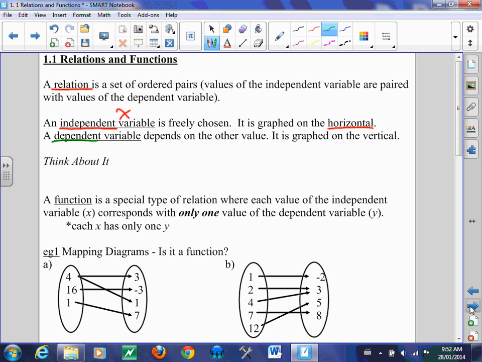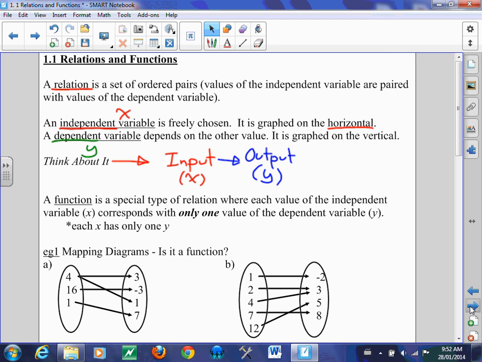Dependent is the y, okay? And so you may remember some of your teachers talking about input versus output. So input is your x value, and you plug that into the equation to get what we call your output value. And your output value is your y, because it depends on your x.